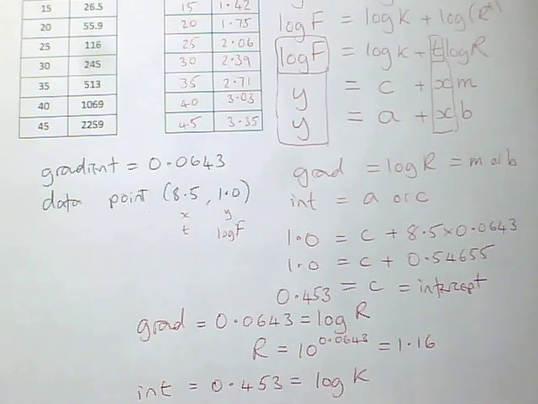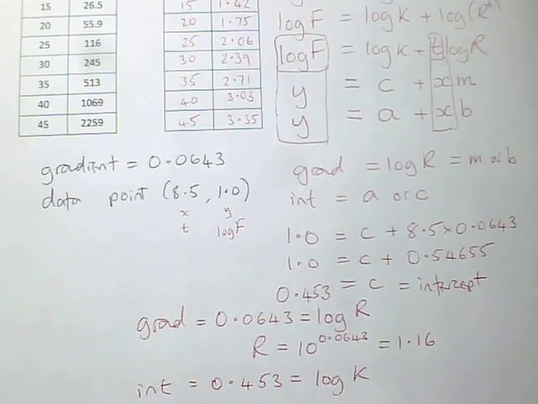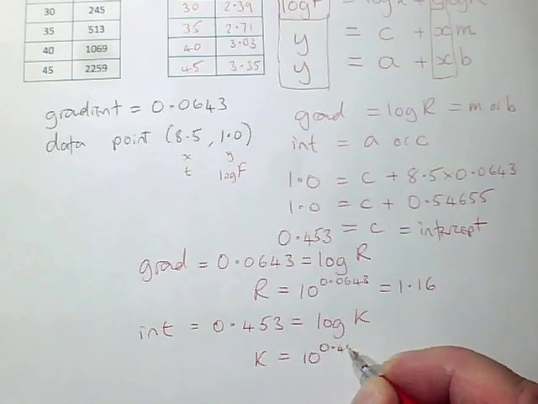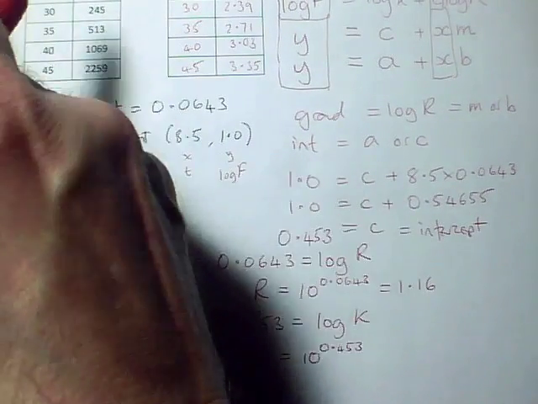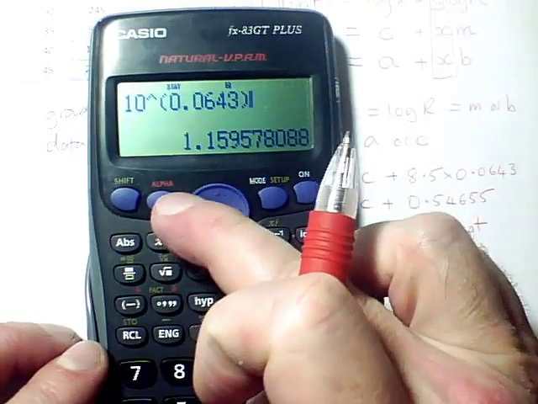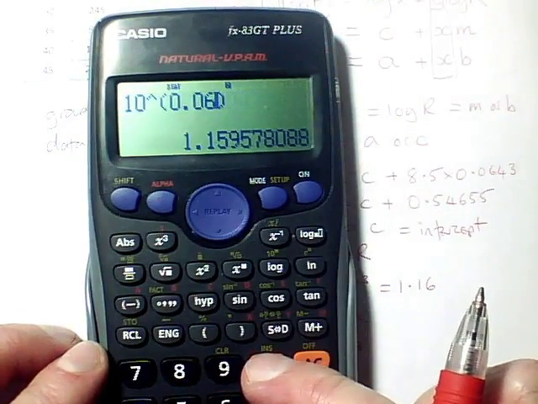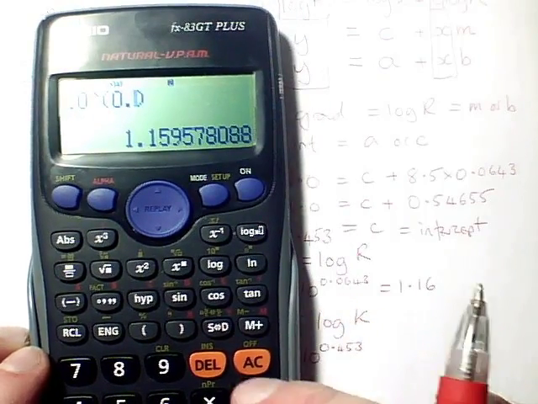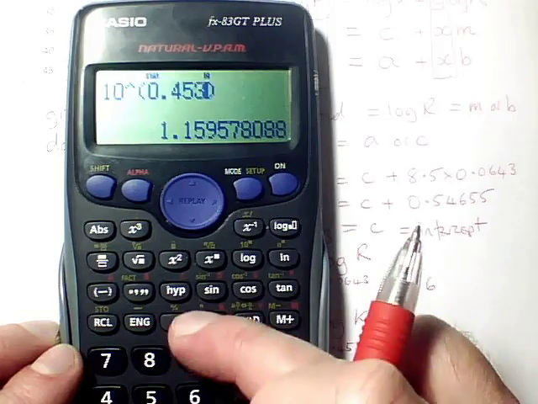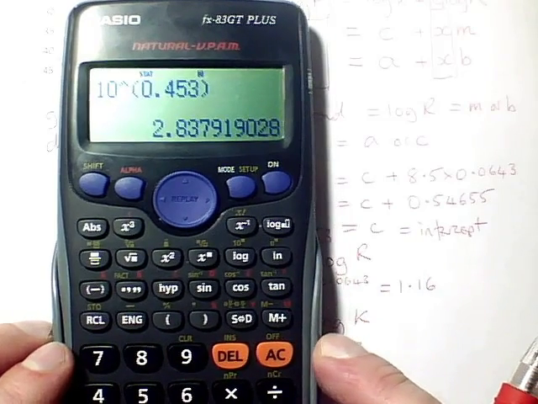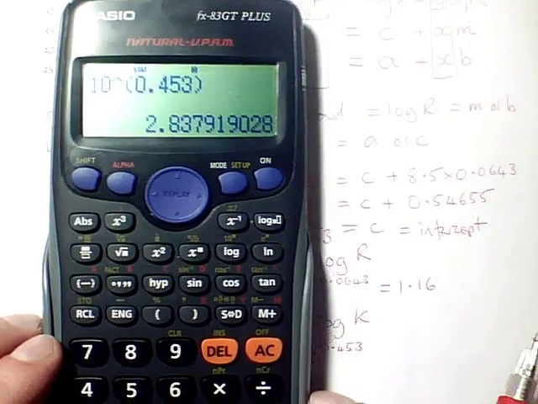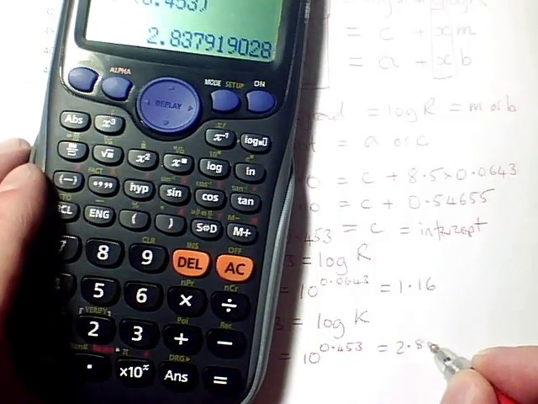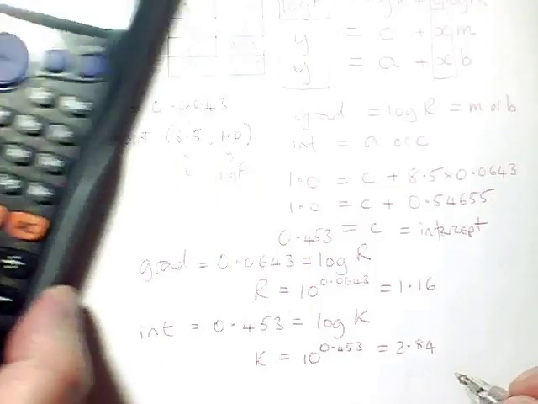So once again, I've got to undo the log, so k is going to equal 10 to the power of 0.453. That's giving me a value of 2.837, so 2.84 to 3 significant figures.